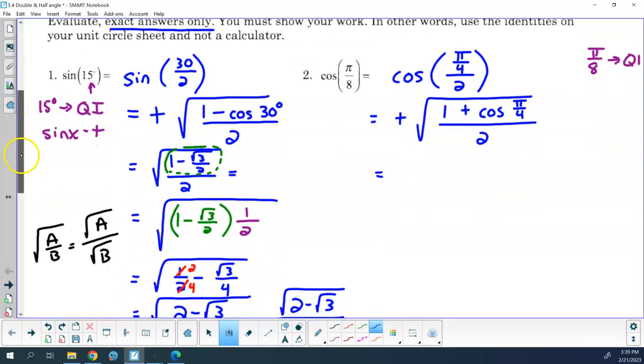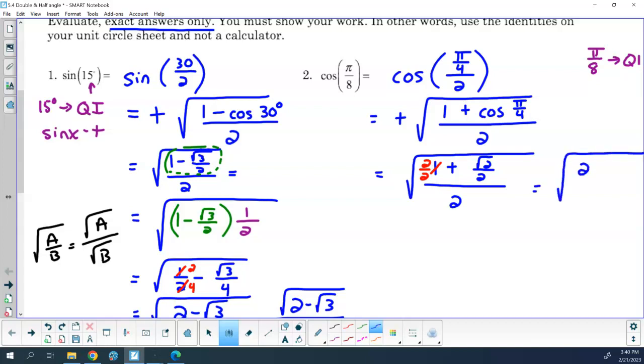So then we scroll down here a little bit. So now I've got the square root of 1 plus the square root of 2 over 2, and all of that being divided by 2. If I make 1 be 2 over 2 right off the start, I could simplify the numerator inside the radical as 2 plus the square root of 2 over 2, then again, still over 2.